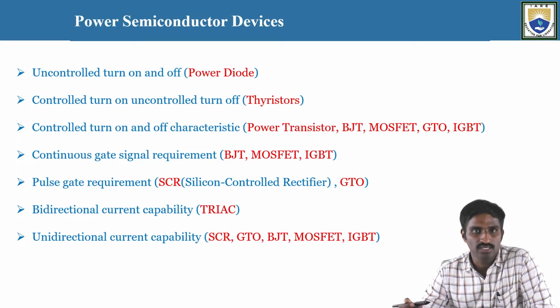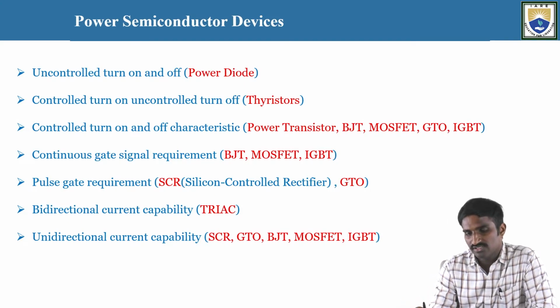Unlike the BJT, MOSFET and IGBT, how can we turn on the thyristor? The main difference between the power diode and the thyristor is, as we can see here, the symbol of the diode is like this, with a cathode and an anode.